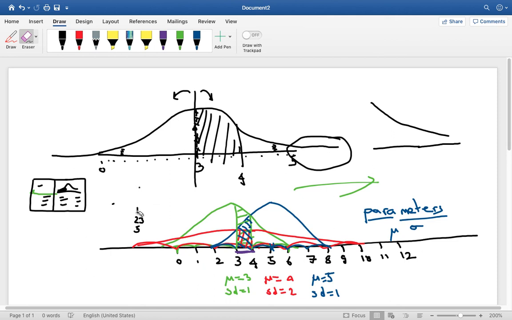So he decided, the guy that developed the theory, he decided he's going to come up with a special case. And this is the special case he came up with. He said, I'm going to write a table, a book, for a very special case of normal distribution. And let me just do it over here. That special case is this one.